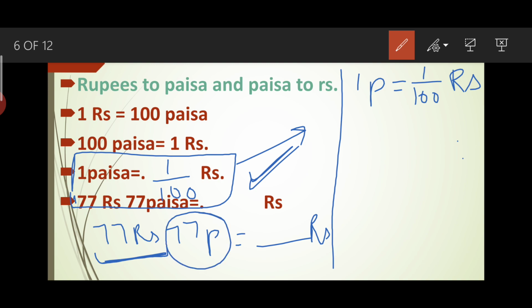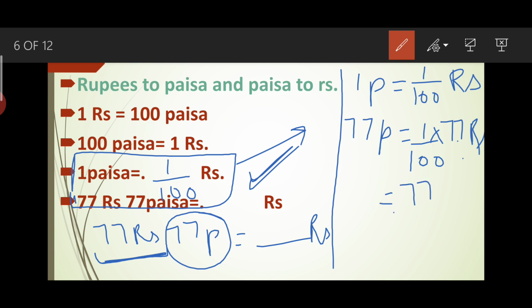As you can see, 1 paisa has 1 upon 100 rupees, so how many rupees will 77 paisa have? Unitary method again: 1 paisa has 1 upon 100 rupees, so how many will 77 have? You will multiply 1 upon 100 into 77. So this is in rupees.